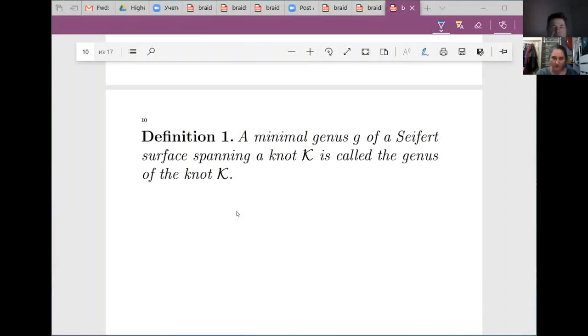Of course, this is a trivial remark, that if you have a trivial knot, you can just glue the disk, no problem. And if you put another disk to glue from other side, you will have a sphere. So you see.